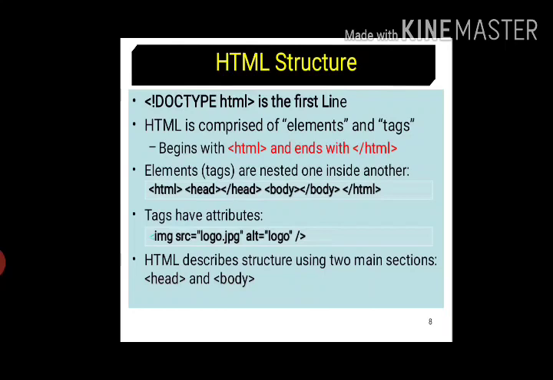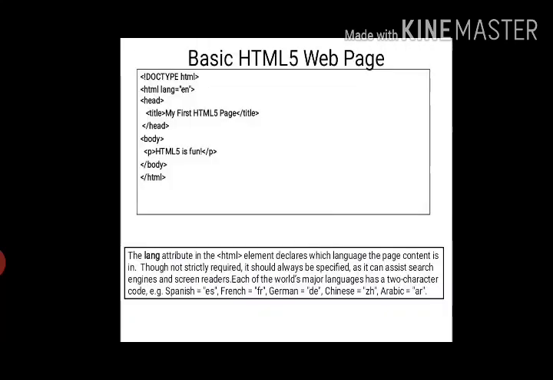Every tag contains different types of attributes. These attributes are separated by spaces only. Mainly, HTML structure consists of two sections: the head section and the body section. I know all are familiar with these concepts, so I move faster.